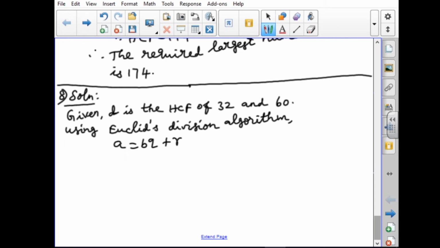Here 32 and 60 are two numbers. Which is the greater number? 60 is greater than 32. So here 60 is the dividend and 32 is the divisor. So small a will be 60 and small b will be 32. So you have to write it here: 60 equals 32 into 1 plus 28. We divide, it comes one time, and the remainder will be 28.